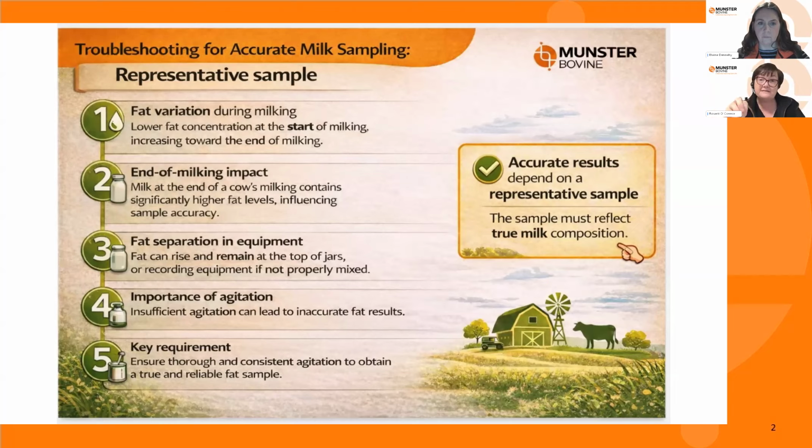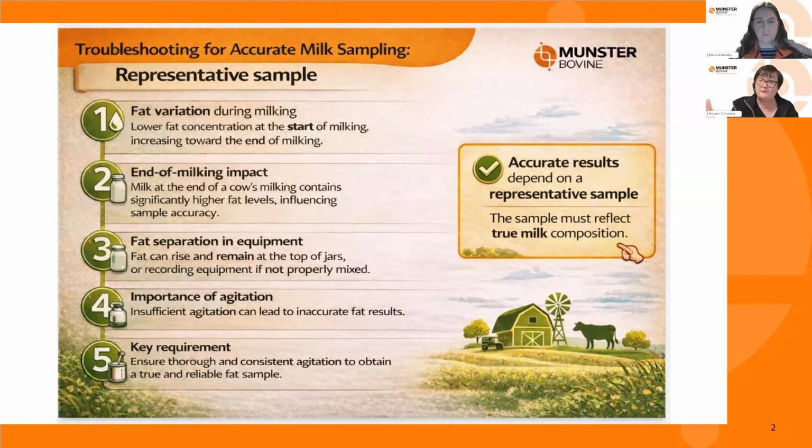This is the difficult one when it comes to getting a representative sample, because of fat variation during milking. You have lower fat at the start of milking, and higher fat at the end of milking. So you have a difference in fat between morning and evening, as we've explained already, but you also have a difference in fat between the start of milking and the end of milking.